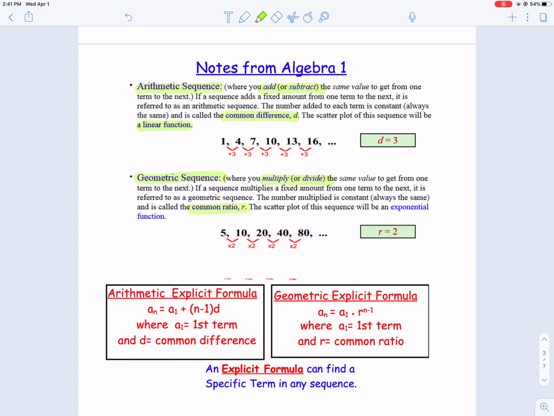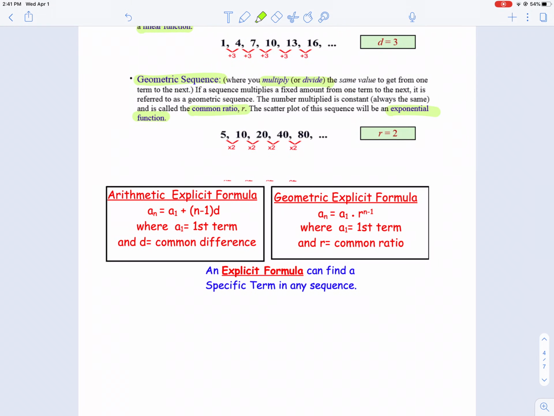You're going to have a common ratio, and it is going to be an exponential function, okay? So you see down here your arithmetic and your geometric explicit formulas, which is what we just talked about. Your a sub n is going to get you any term you want in the sequence. A sub 1 will always be your first term. D is your common difference, and r is your common ratio, okay?